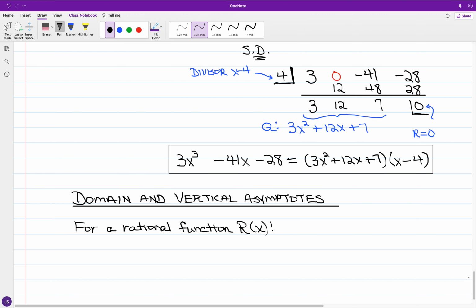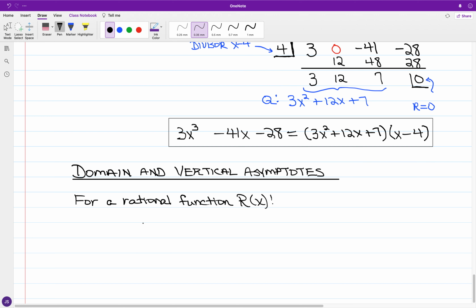Okay, we have a rational function r of x. Now for the domain, I said this before for f of x. The domain is the set of all values x such that the function is defined.